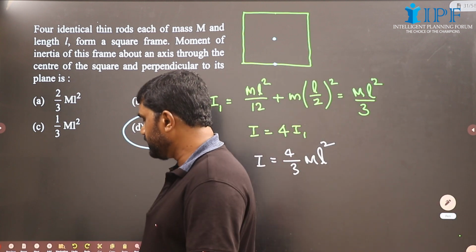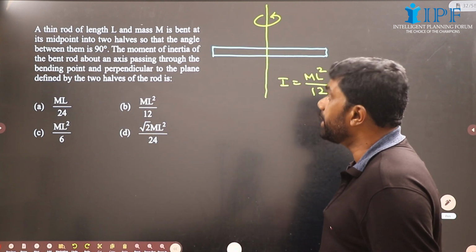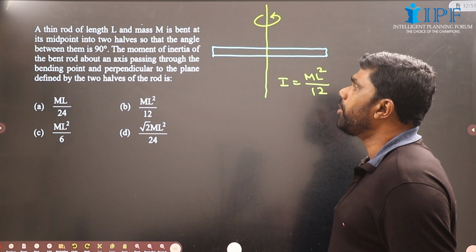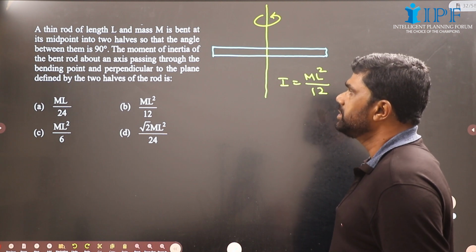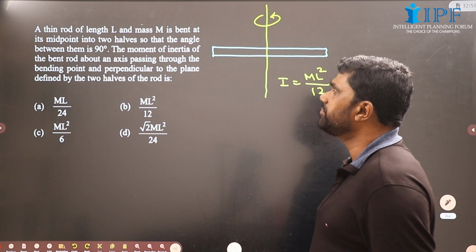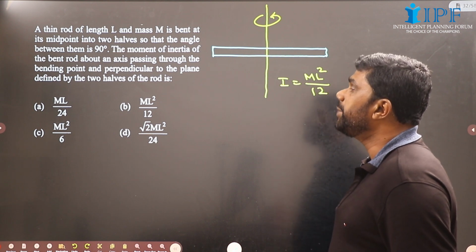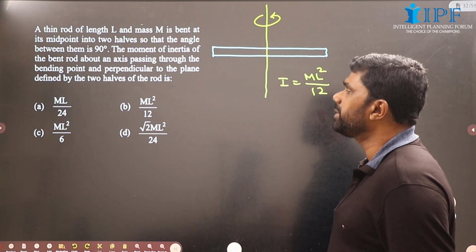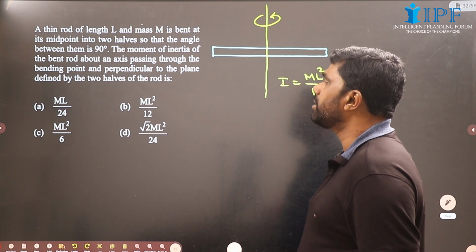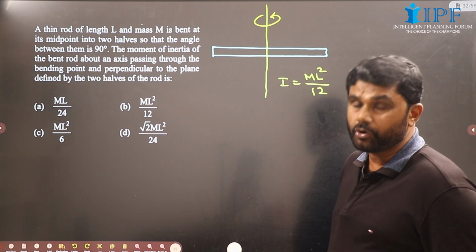Now see, next, a thin rod of length L and mass m is bent at its midpoint into 2 halves so that the angle between them is 90 degrees. The moment of inertia of the bent rod about an axis passing through the bending point and perpendicular to the plane defined by the 2 halves of the rod is m L square by 12 only.